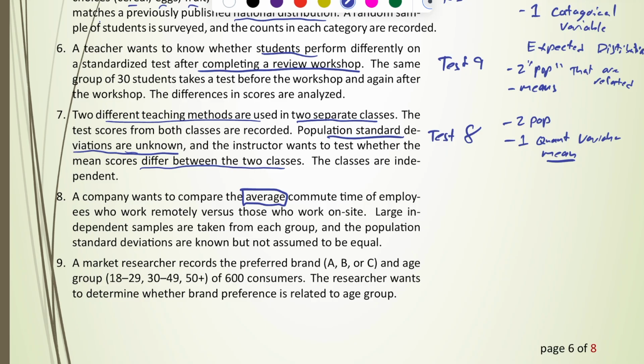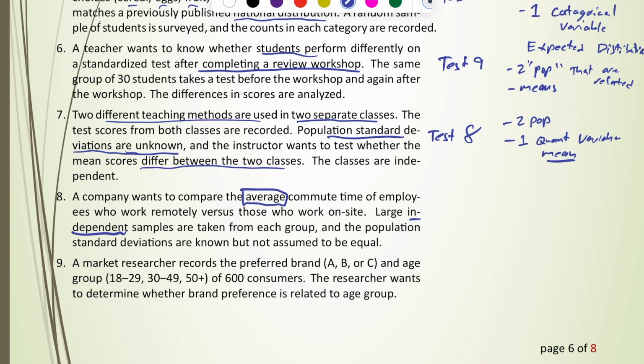A company wants to compare the average commute times, I'm already thinking about mean here, for employees who work remotely versus those who work on site. Large independent samples, so it's not going to be test 9. Samples are taken from each group, and the population standard deviations are known but not assumed to be equal.